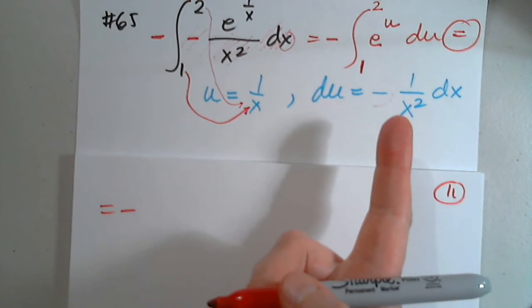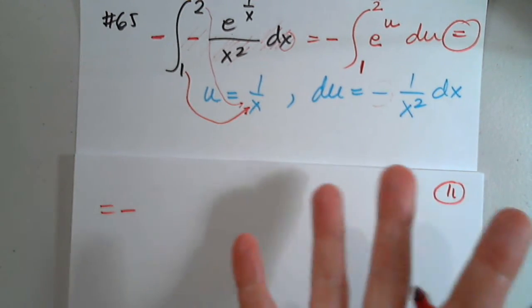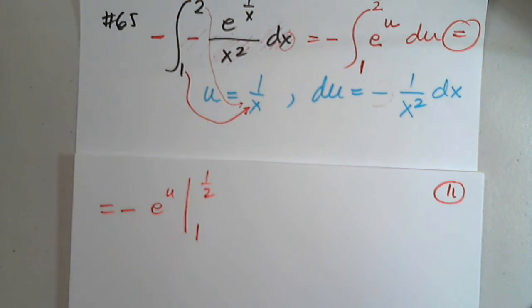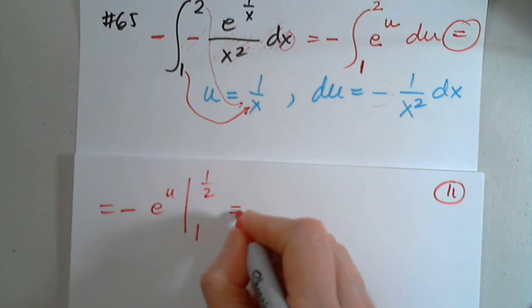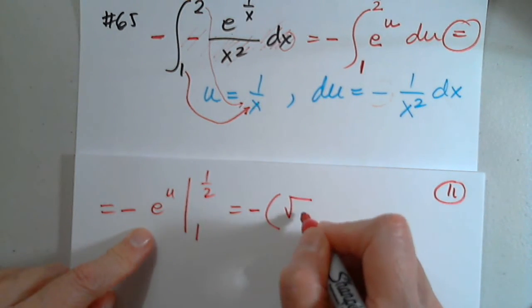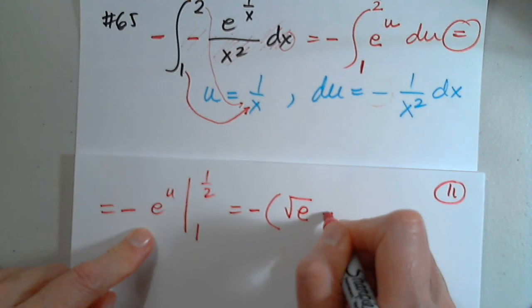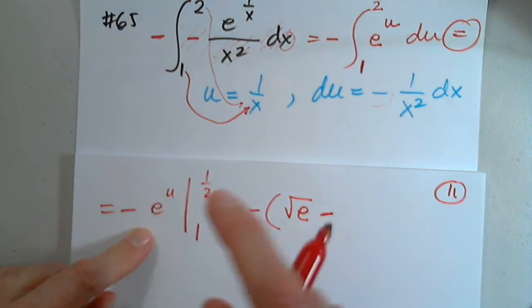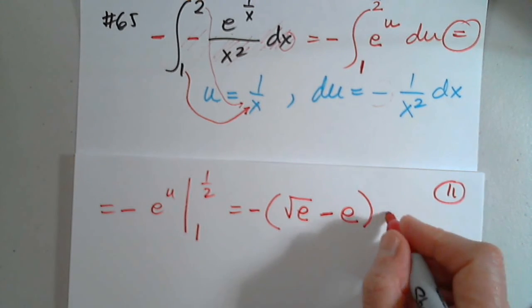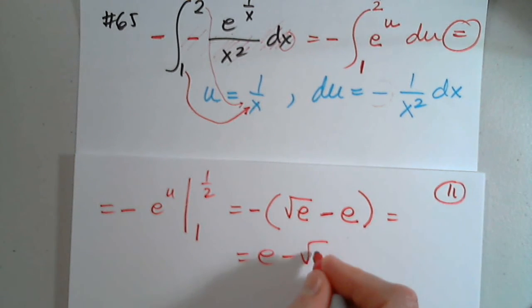So it's e to u from 1 to 1/2. Keep the negative outside. E to 1/2 will be the square root of e minus e to the first power. That will be e. You can distribute that sign if you want, and just write e minus the square root of e.